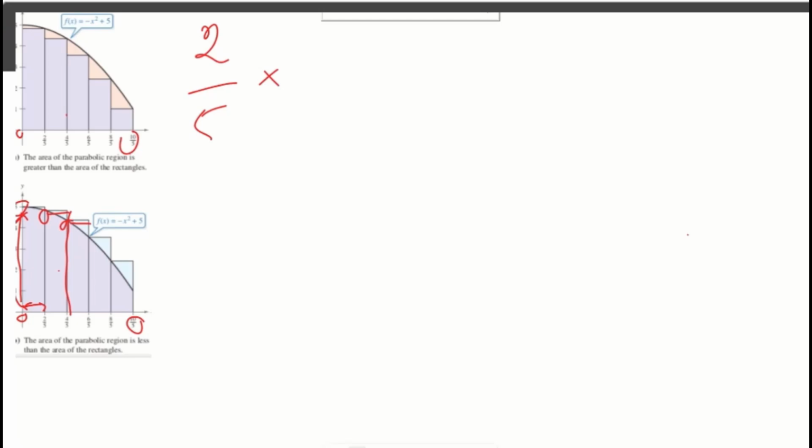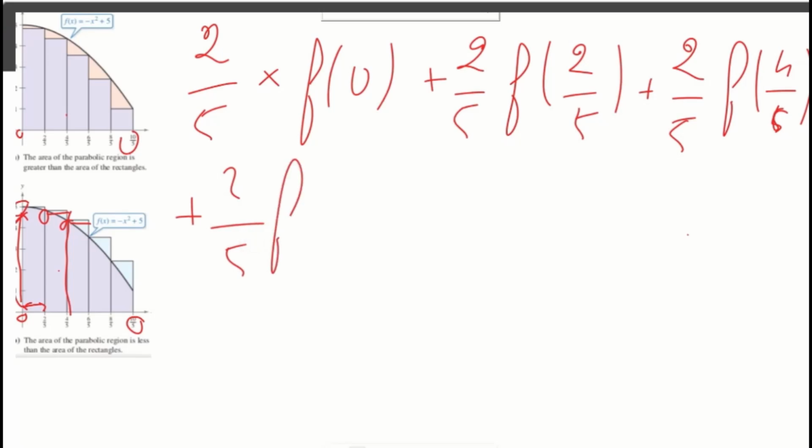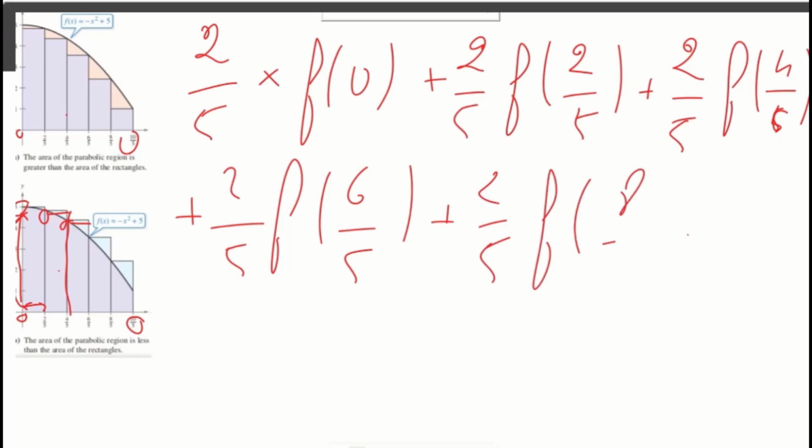So in this case, we'll end up with f of 0 plus 2 over 5 f of 2 over 5 plus 2 over 5 f of 4 over 5 plus 2 over 5 f of 6 over 5 plus 2 over 5 f of 8 over 5.